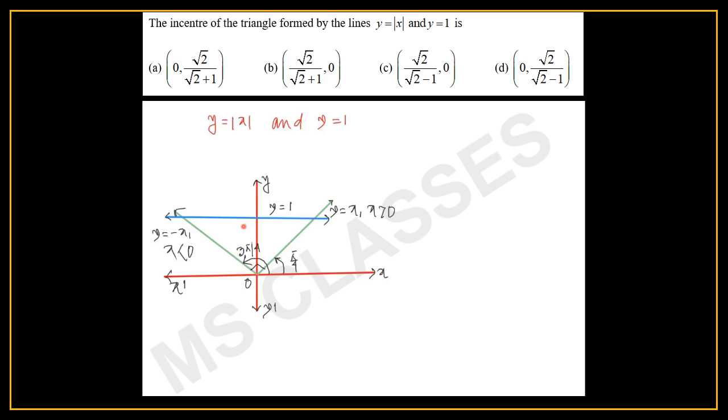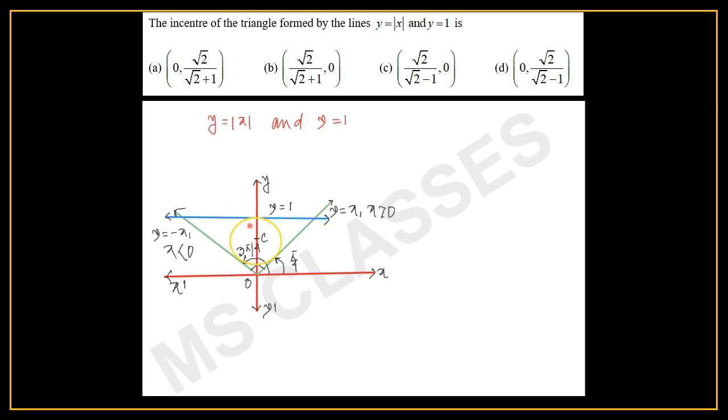So if we imagine a circle, we can understand that the incenter is lying here, and we have to find the radius. This is the radius here. So this radius you can find very easily. For the abscissa, it will be 0, because it is lying on the y-axis. Now you have to find the ordinate.